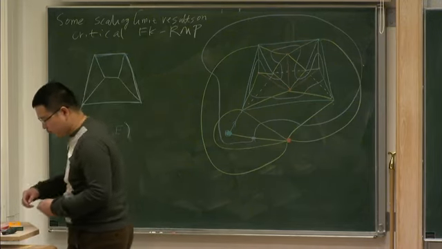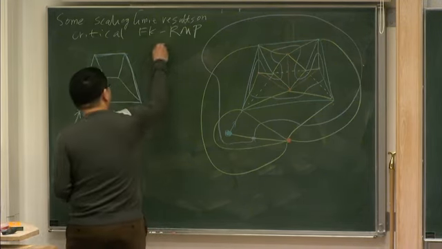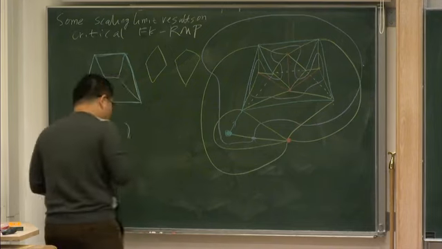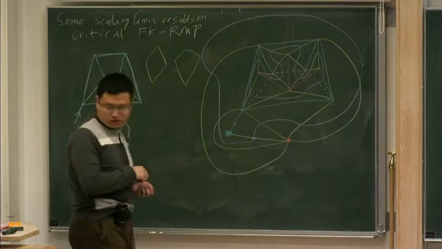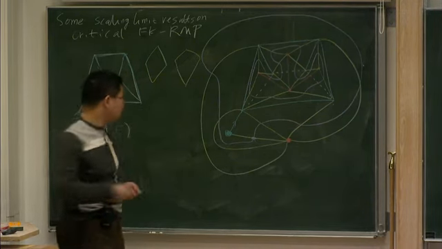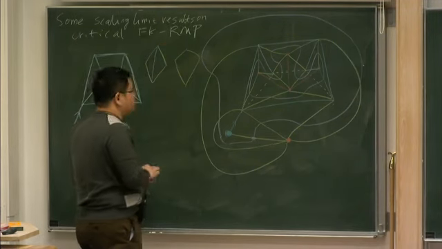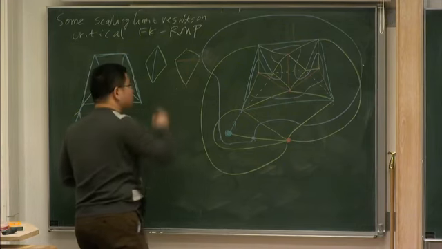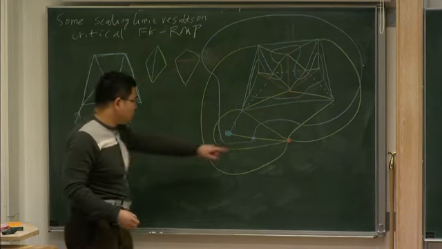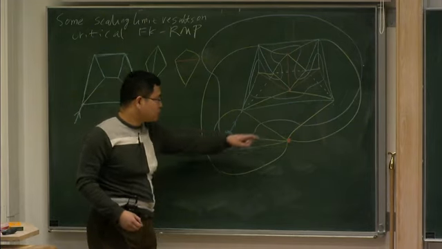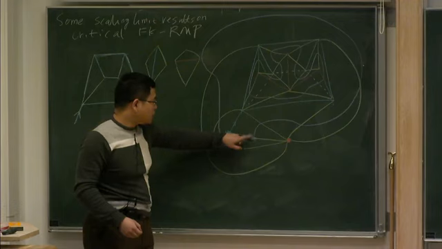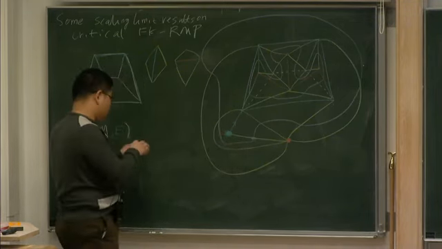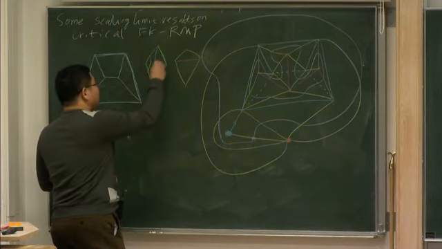One type contains the edge, and the other type contains the dual edge. And then you can draw loops passing through all these middle points of the green edges, following this pattern.